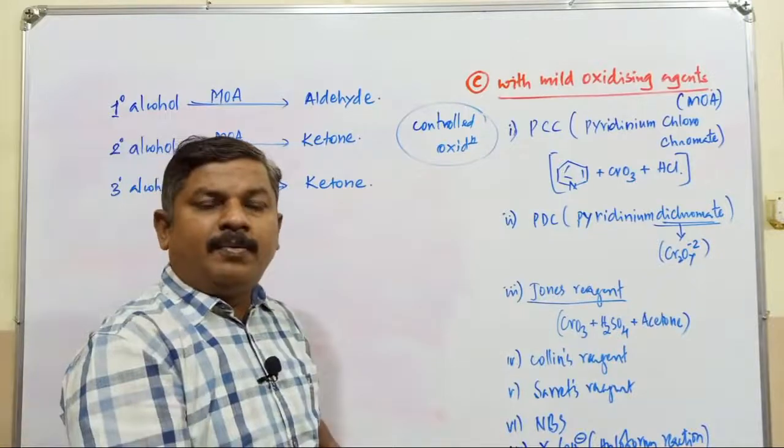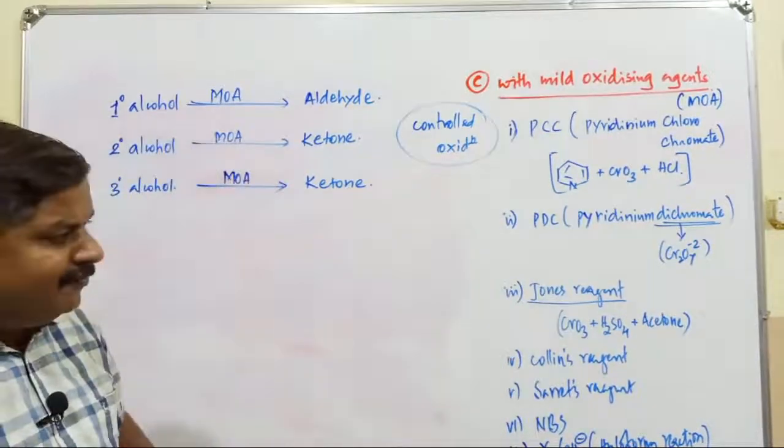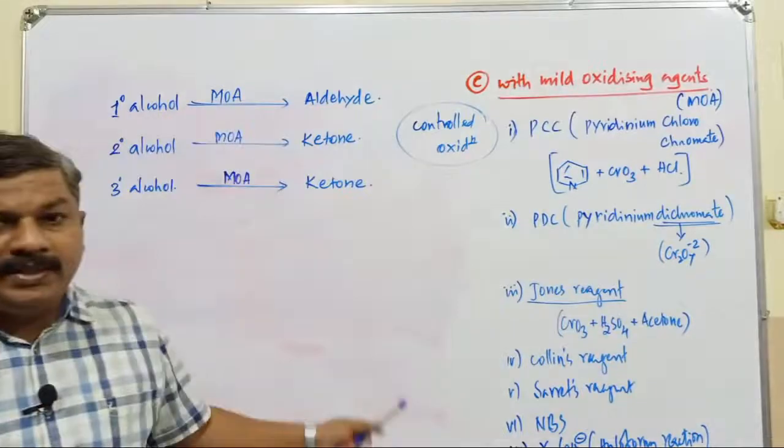Based upon this one, we will discuss some of the compounds. What is the main product obtained in presence of different types of oxidizing agent? Just to copy this one, I will go with examples.